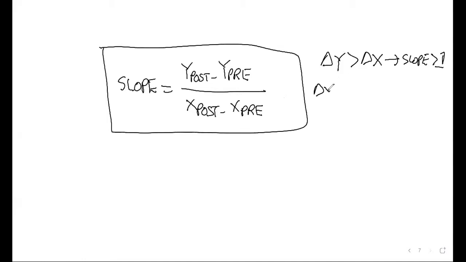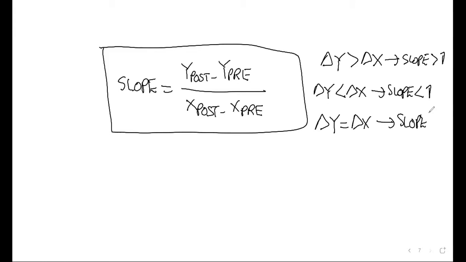If the change in y is less than the change in x, the slope must be less than 1. And if the change in y is equal to the change in x, then the slope must be equal to 1, right? Is anything else possible?